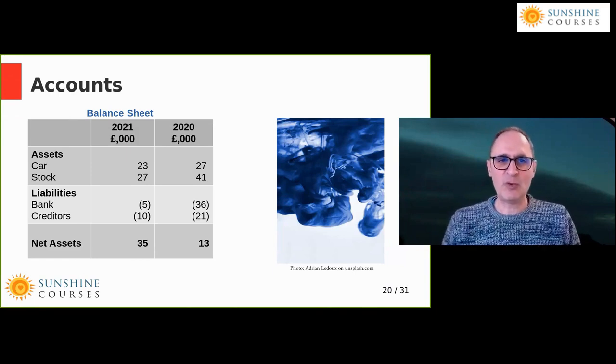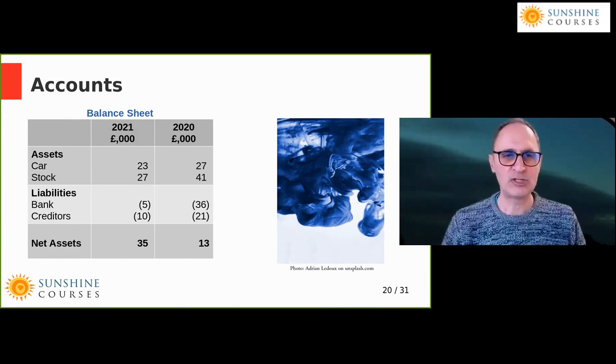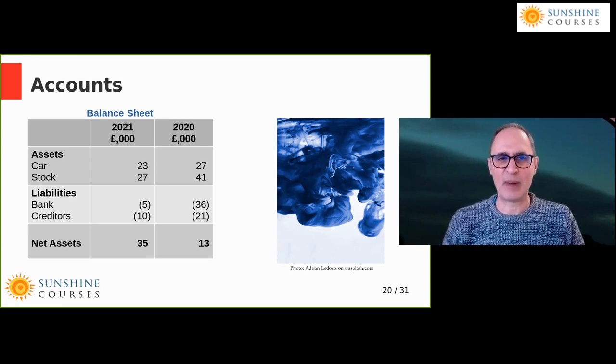It will accumulate together all the assets that you've bought, all the stocks, set that off against your bank and your creditors, and that will give you your net assets. And if you've done everything correctly, the other side of the net assets, if you've added to your assets, the other side is you've added to your profits. And as it happens, the net assets might be a combination of either all profits or profits plus share capital. So that's the balance sheet.